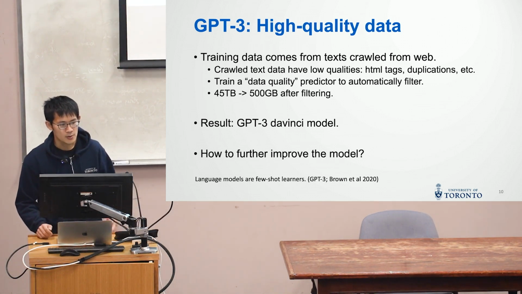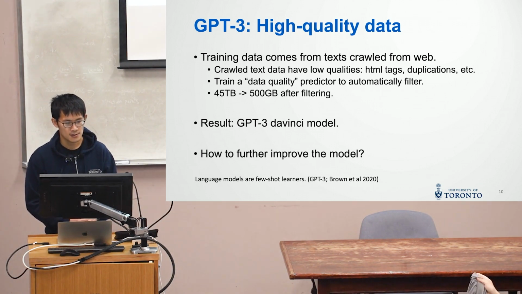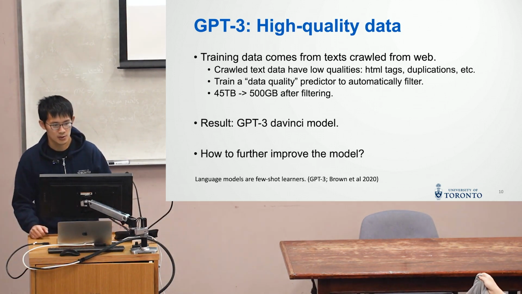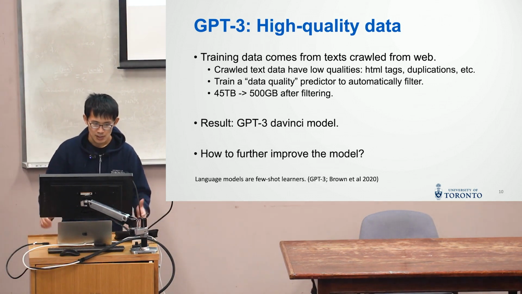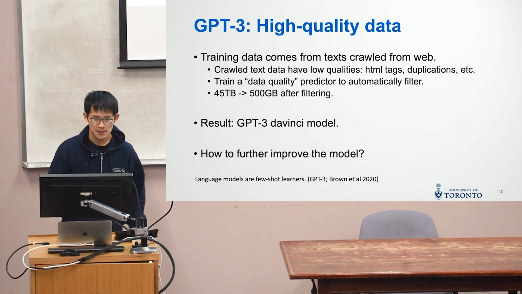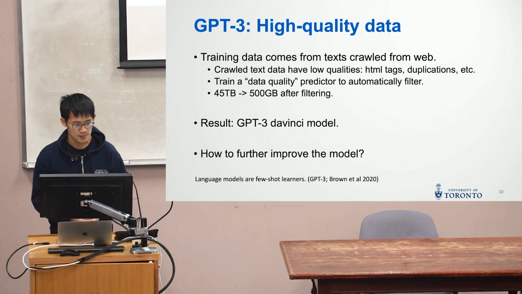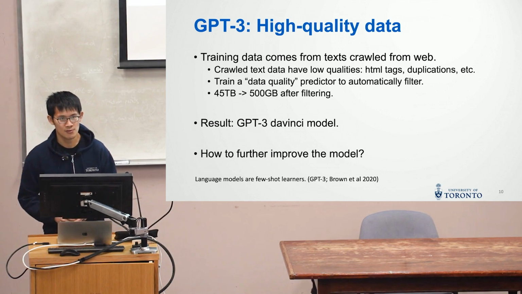OpenAI trained a data quality predictor to automatically filter the high quality data from the low quality data. After filtering, they kept only around 10% of the data. And they used this data to train a language model in the next token prediction format. The result is the GPT-3 Da Vinci model.